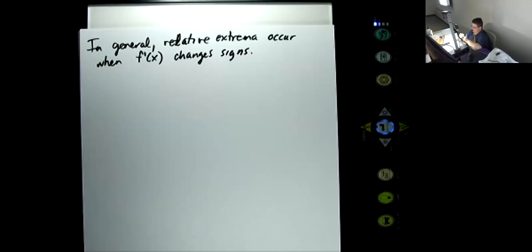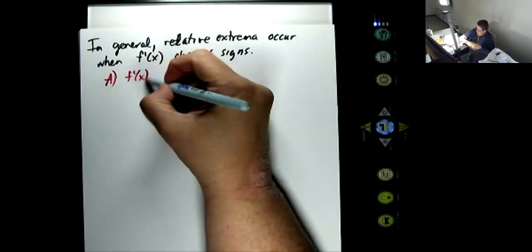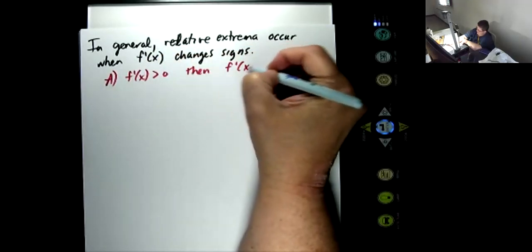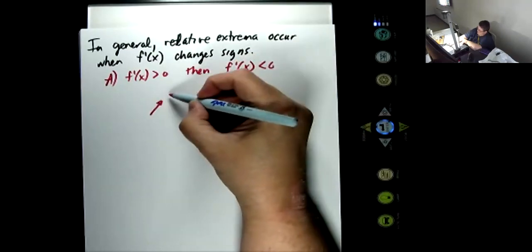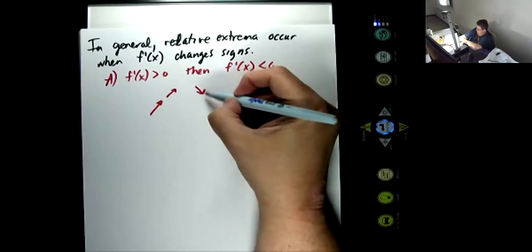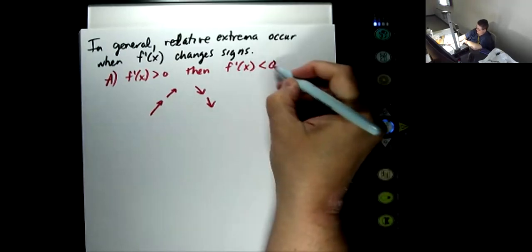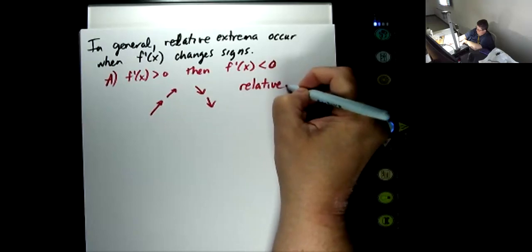We have a couple of scenarios. A: f prime of x is greater than 0, then f prime of x is less than 0. We get something like this, followed by something like that. This is a relative max scenario. All of these will be relative maxima.